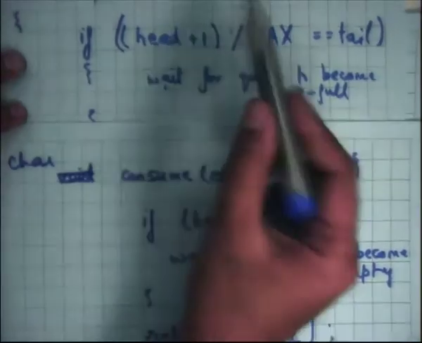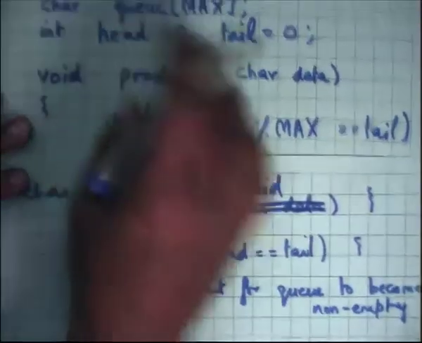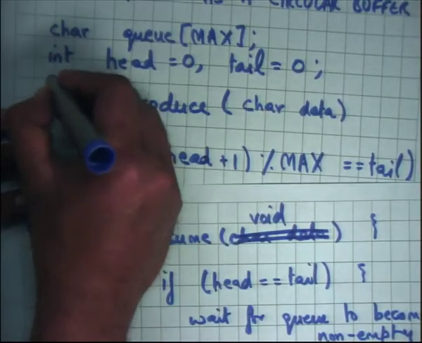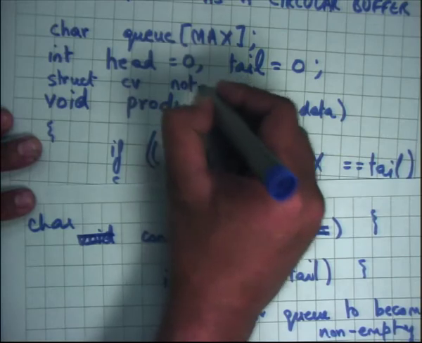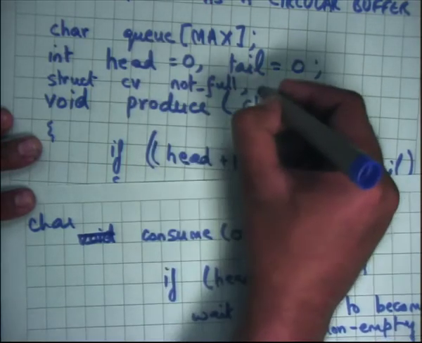In the previous example, the programmer can define two condition variables, struct CV not full and not empty.